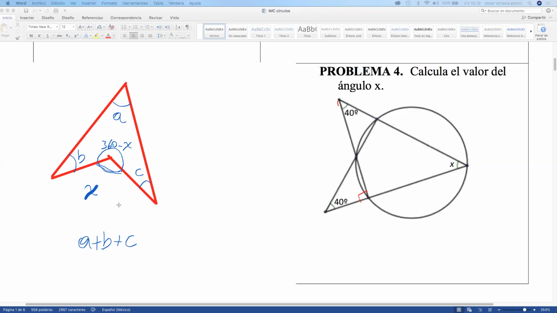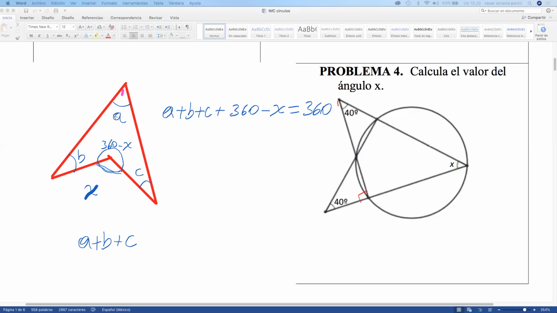And we know that if we add A plus B plus C plus 360 minus X it will be equal to 360. ¿Ok? Si sumamos estos cuatro triángulos deben ser 360 grados. Because this quadrilateral can be split this way. Okay? We have two triangles. Yes?